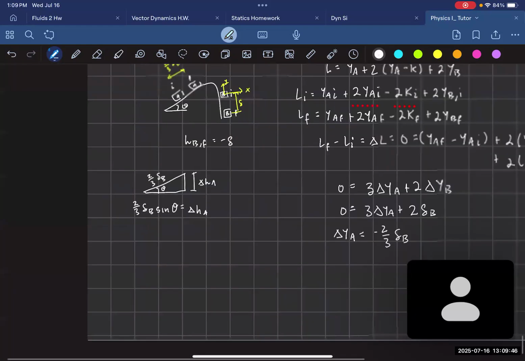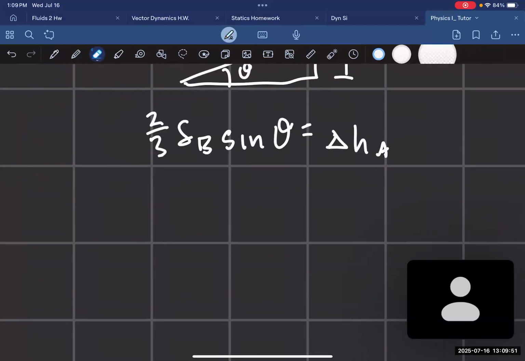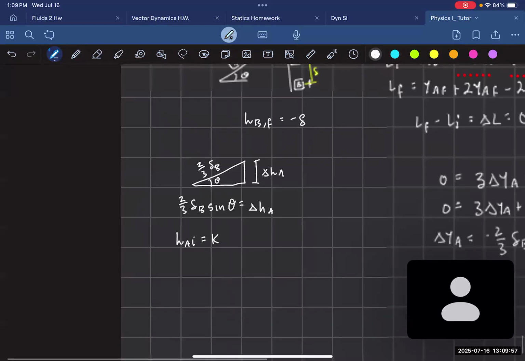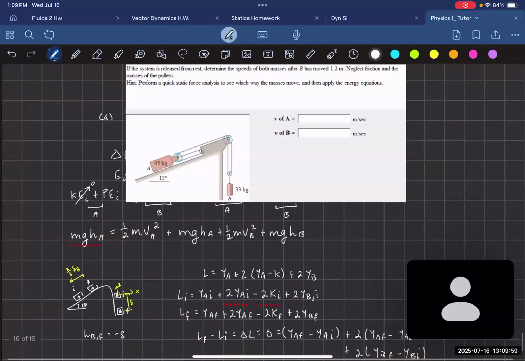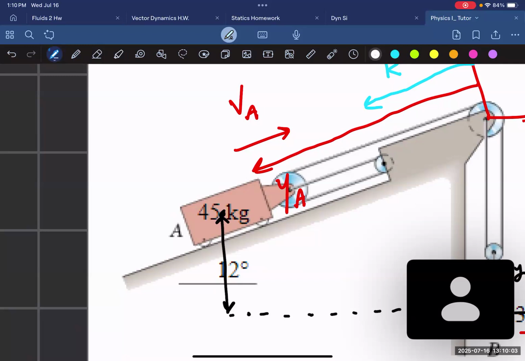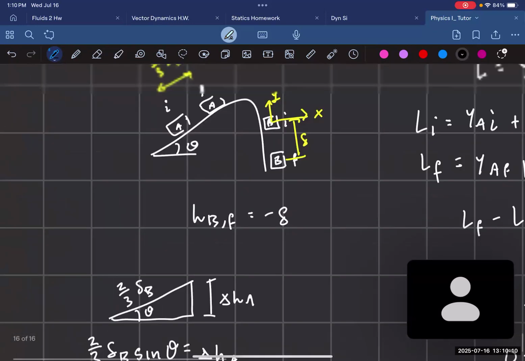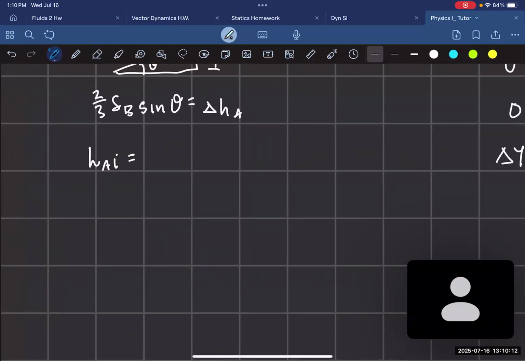And the way we can describe the initial and final positions, right? So H A initial would be distance K, another constant that we just chose. Or actually, you know what? We can choose another constant. I feel like this might be, let's choose a constant C. We can update that right here.